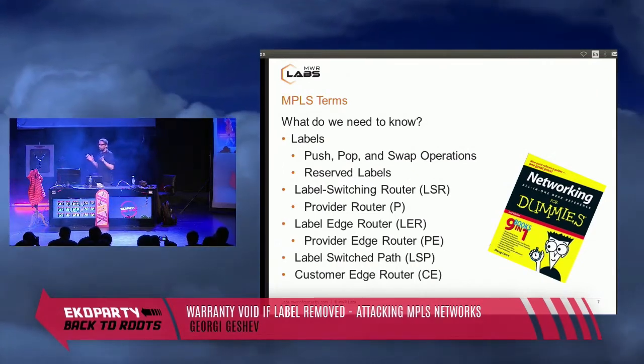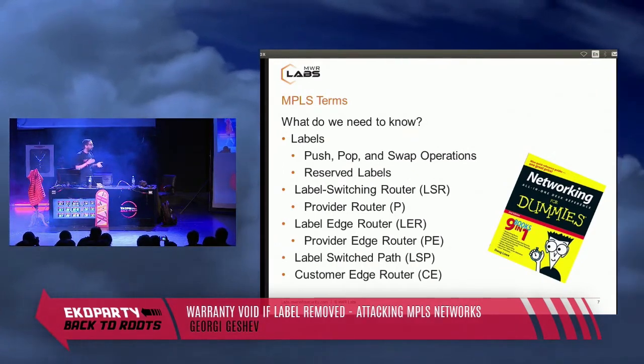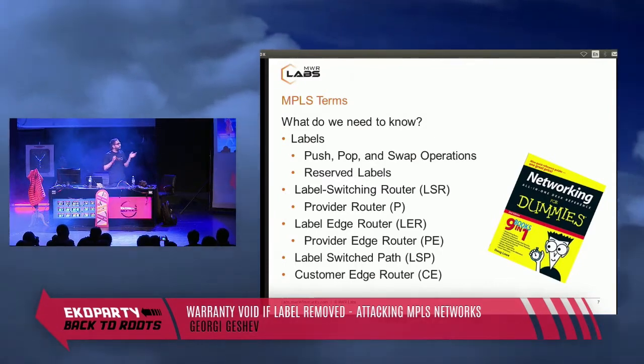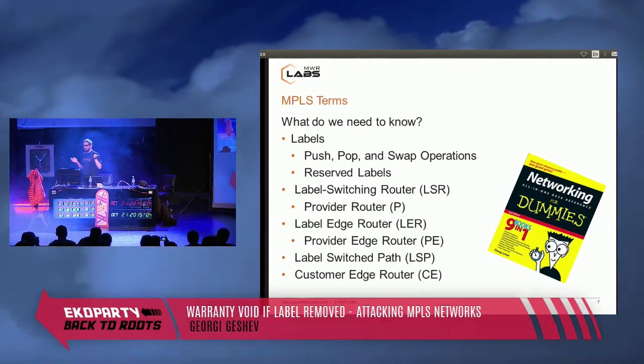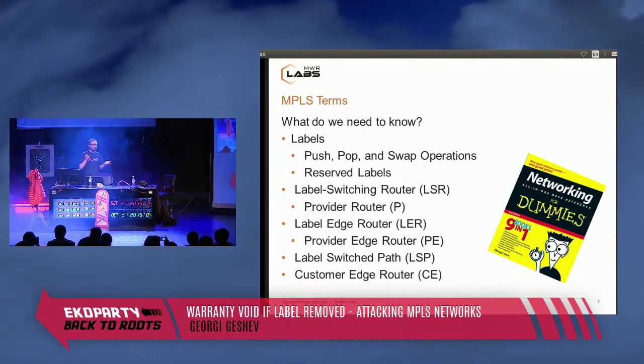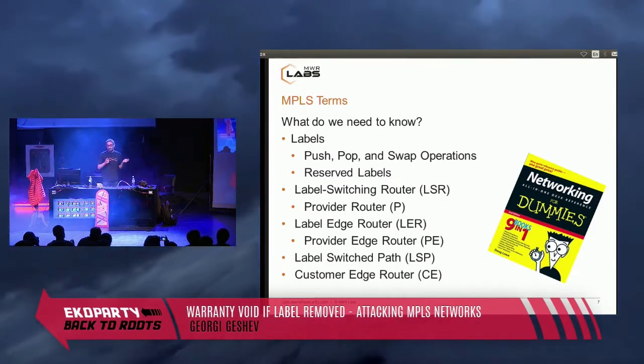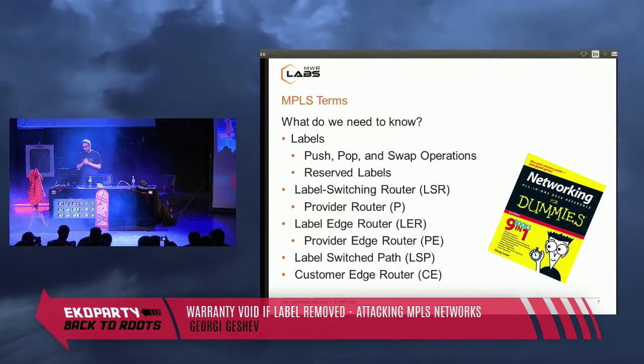There are reserved labels from 0 to 15. These are various labels defined for administrative purposes, and they have some special meaning. I'll probably be mentioning some of the reserved labels a little bit later.